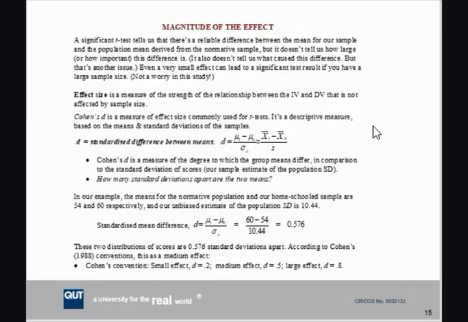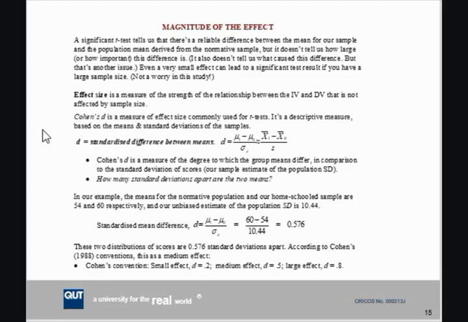So the last thing I'd just like to leave you with then is to think about effect size. So a significant t-test tells us that there's a difference between the mean for our sample and the population mean derived from the normative sample, but it doesn't tell us how large or important that difference is. So effect size is a measure of the strength of the relationship between our IV, or the measure of how large the effect of our IV actually is.